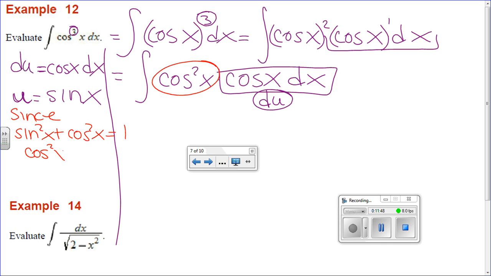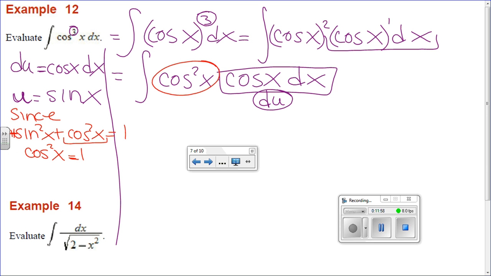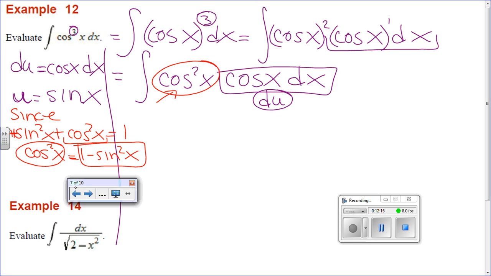I'm going to solve for cosine square x right here, so that will equal 1, this is a plus, positive, sine square of x, so if I take it to the left side, it will be negative sine square x. So we do that by manipulating the Pythagorean identity, and so that cosine square x that we see here is going to get replaced with all of this. So now let's do that substitution.